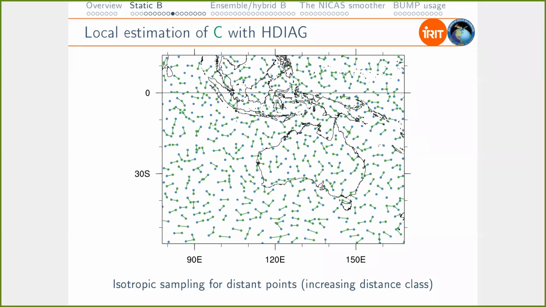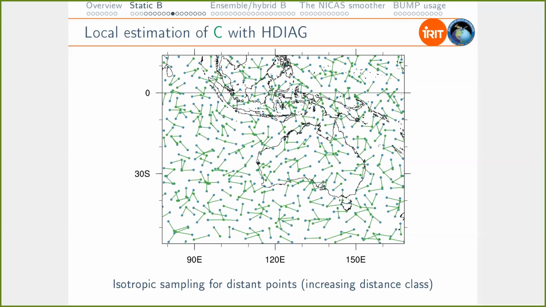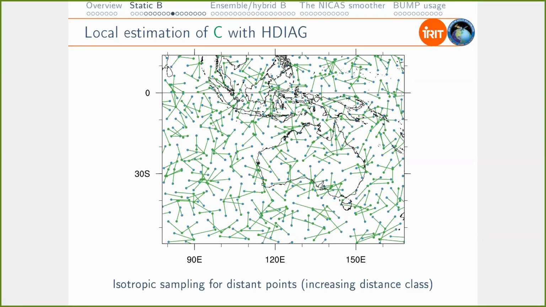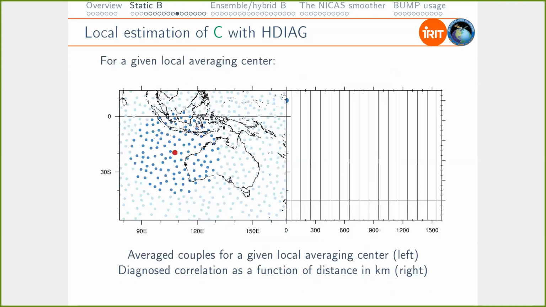And it's an isotropic sampling, so it's a random angle. And for different increasing distance classes, we will compute the correlation, and we will do the same as before.